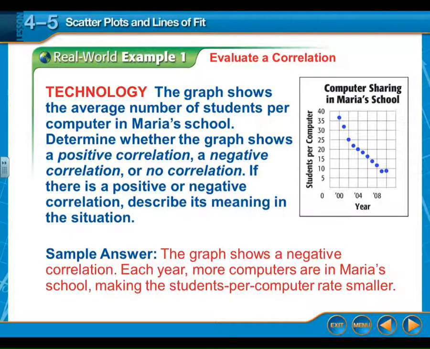And the way we know this is that for each year, more computers are in Maria's school, making the students per computer rate smaller. That means as the years increase, the number of computers per student is decreasing because they have to share more computers.